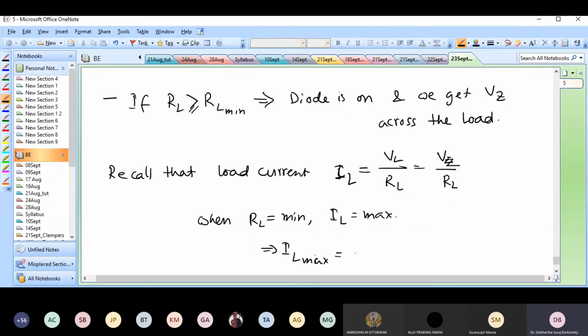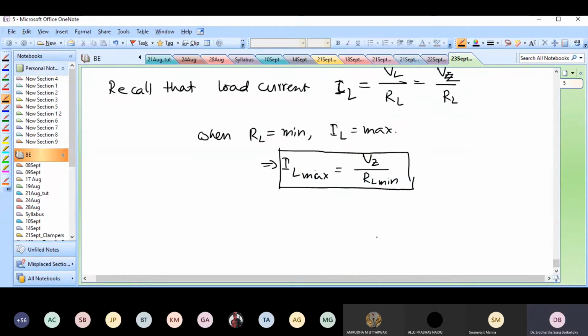So the IL maximum would be just Vz by RL min. So these are equations. You might be asked, what is the maximum amount of current you expect to see across the load while the voltage regulator is supplying a 10 volt voltage across its output? Okay, so this is a typical question.